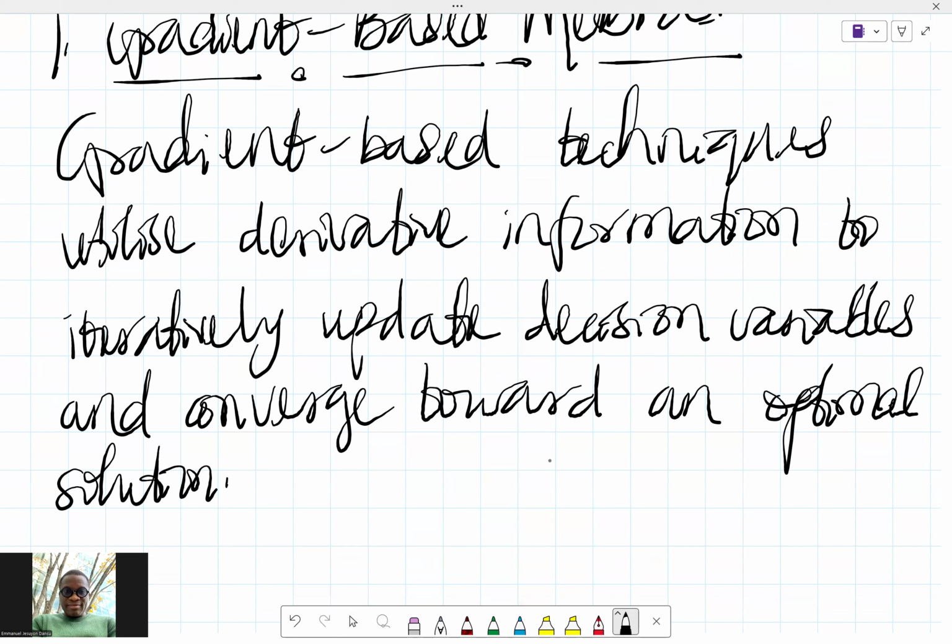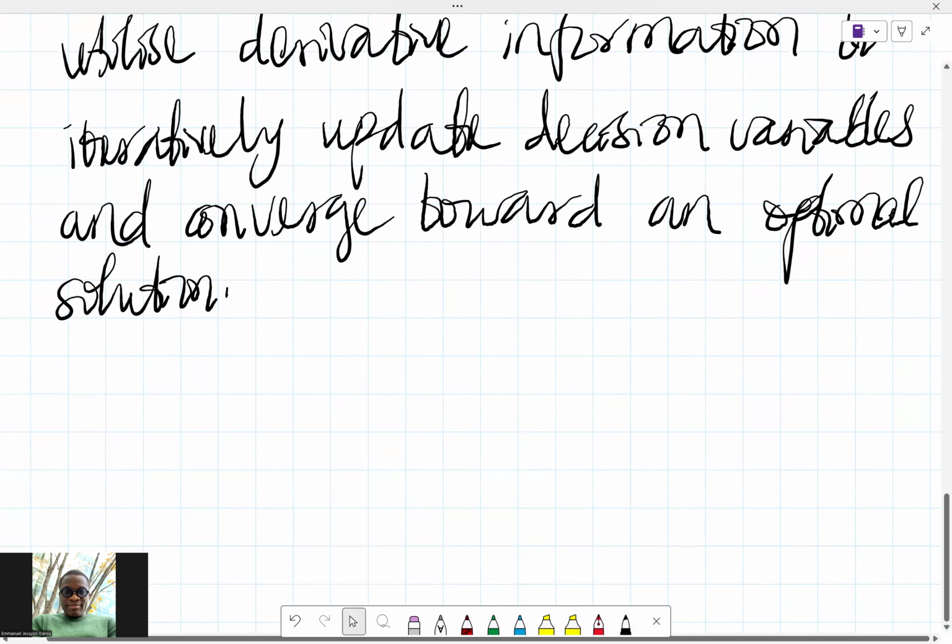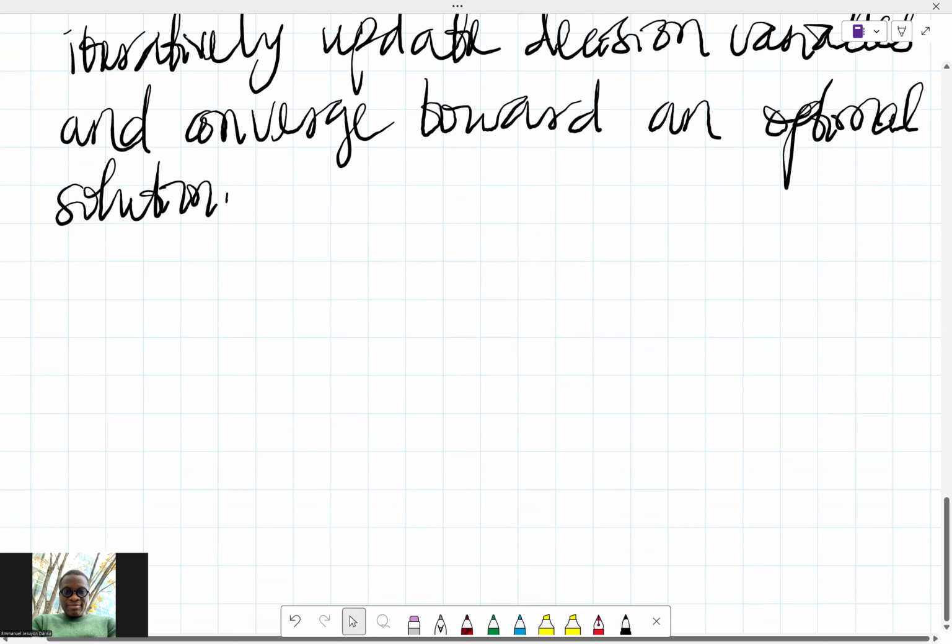So let's see some examples of this kind of methods. So all the examples that involve derivatives automatically fall here. So we have the gradient-based methods, like I said. So let's have the first one.